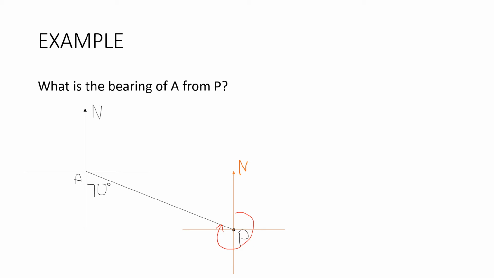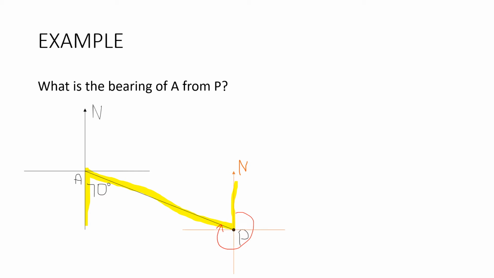Here's my question to you. How are we going to use this angle here to work out this one? The key is alternate angles. You might remember those as Z angles. Alternate angles are equal on parallel lines, and these lines, these north-south lines, are indeed parallel. So that means that this angle in here is 70 degrees.